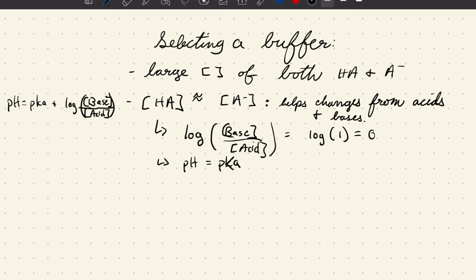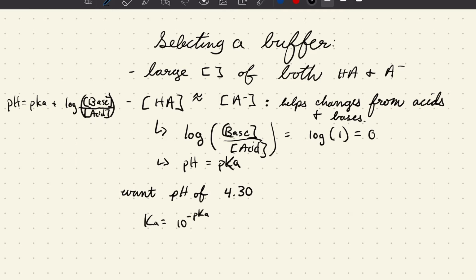Let's say, for example, that we want a pH of 4.30. If we're selecting a buffer system, we know we want the pH to be about the pKa. Ka equals 10 to the minus pKa.